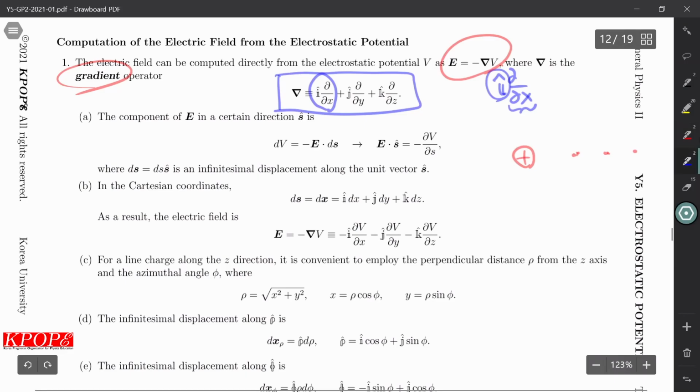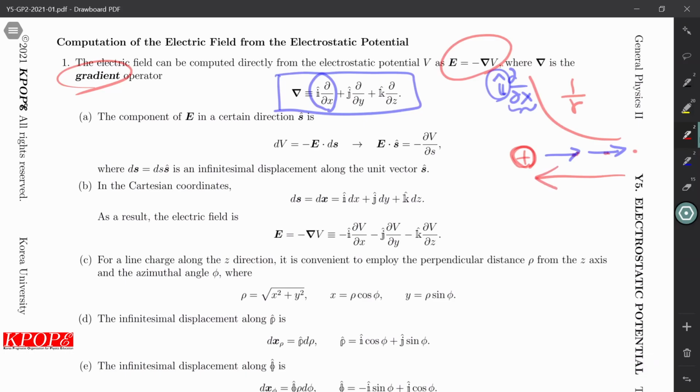We know potential, electric field, this positive charge electric field is going out. Okay? Electric potential increases, proportional to 1 over R. So if you approach the charge, potential increases. The electric field is the opposite direction of increasing potential.